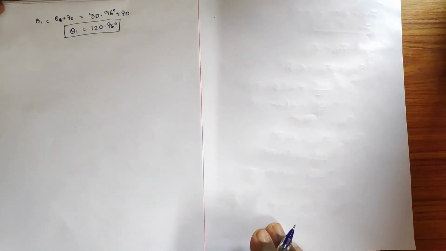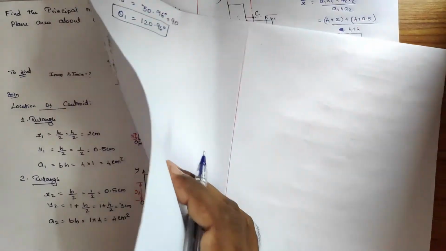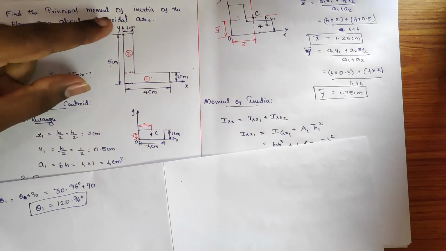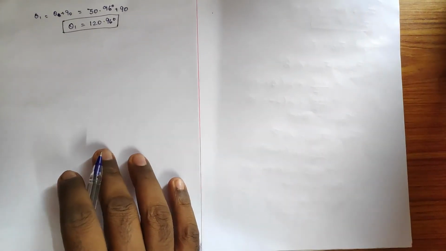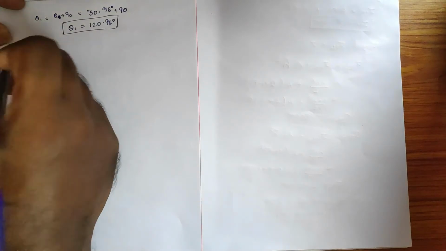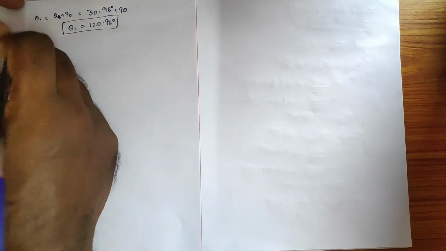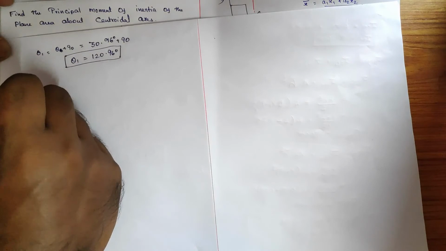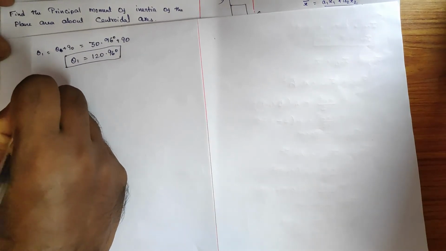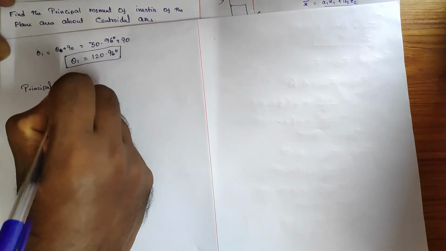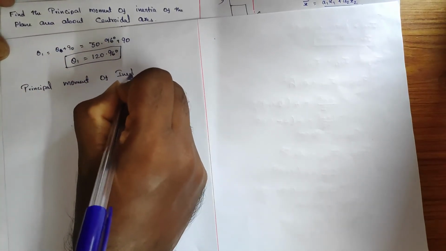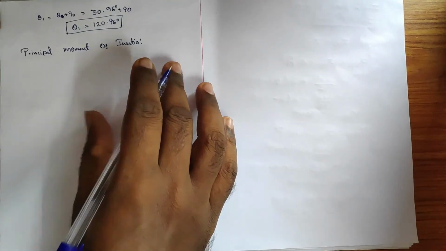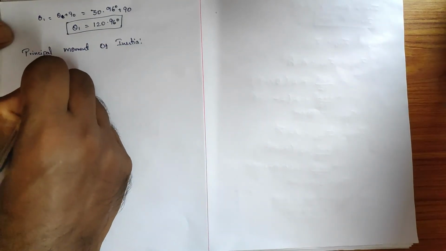Okay, what is next? The last one is our exact part, that means principal moment of inertia, which is I max and I minimum. Now all the data in order to identify the principal moment of inertia is ready. First start with I max.